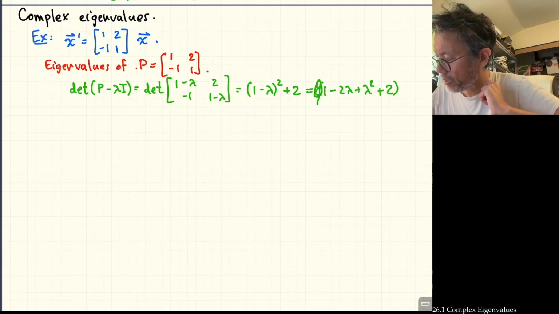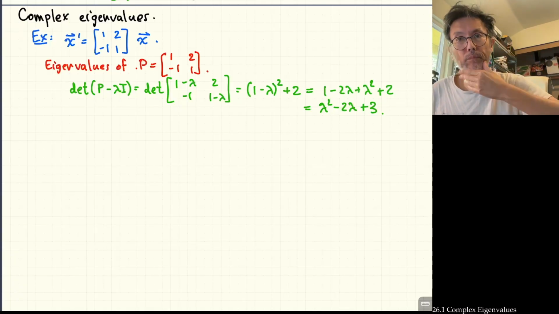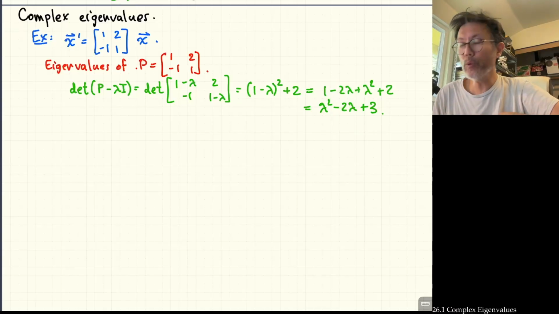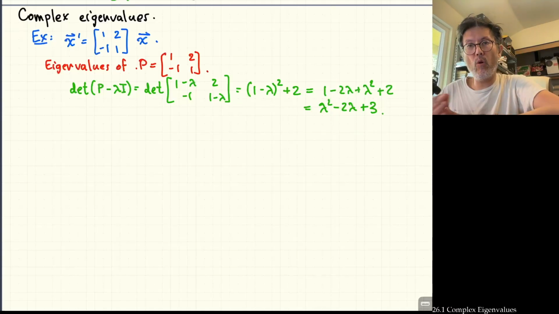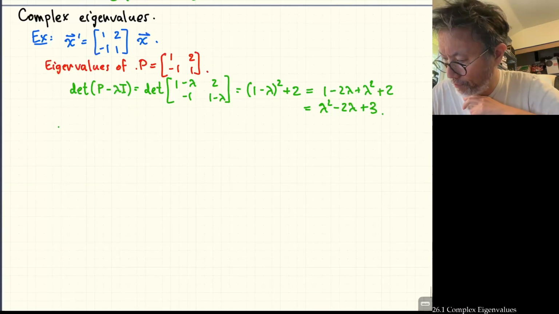I'm going to erase this parentheses. It's not necessary. And then this becomes lambda squared minus 2 lambda plus 3. Okay? Now, one thing that I can do is use the quadratic formula to find the roots of this characteristic polynomial.